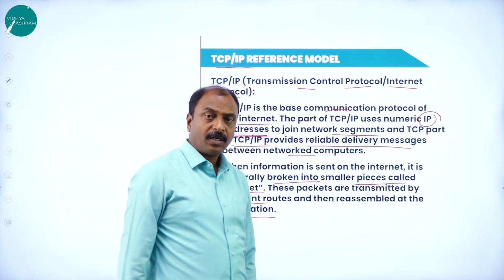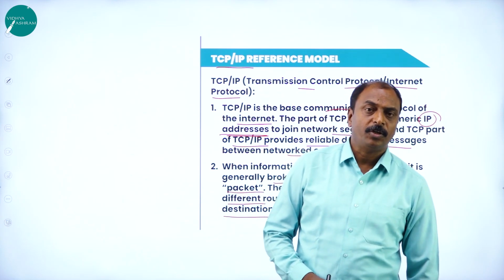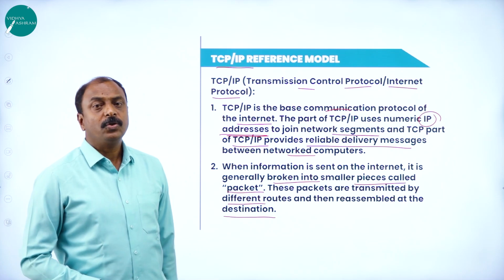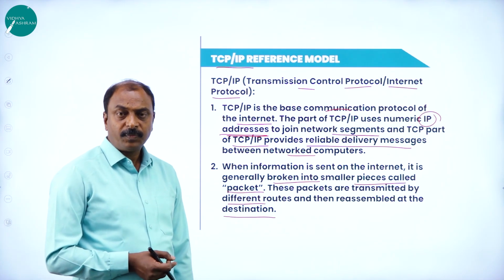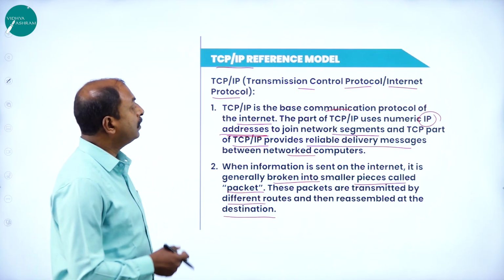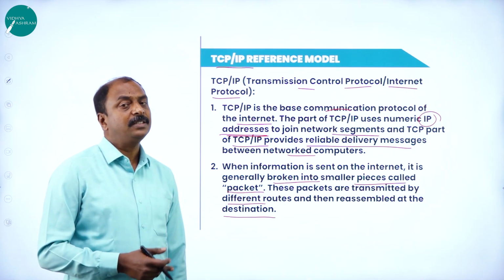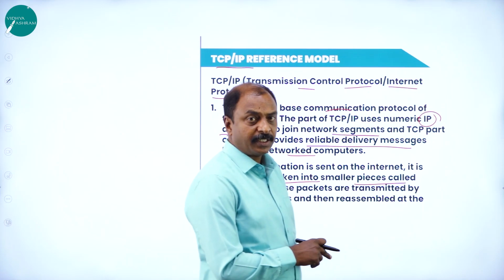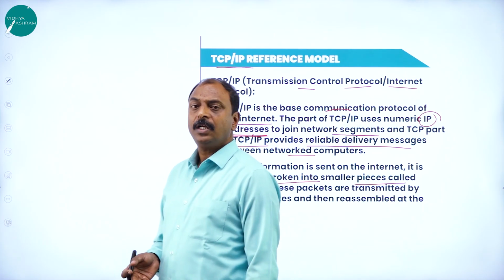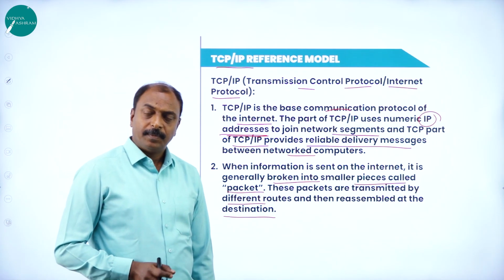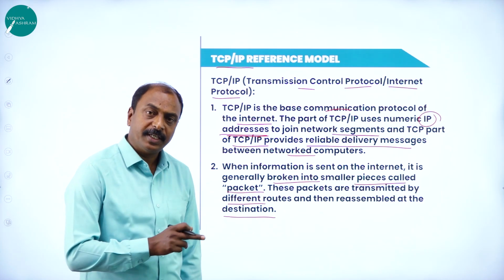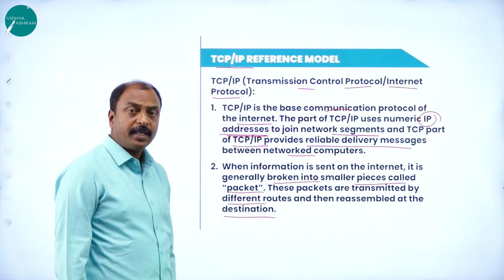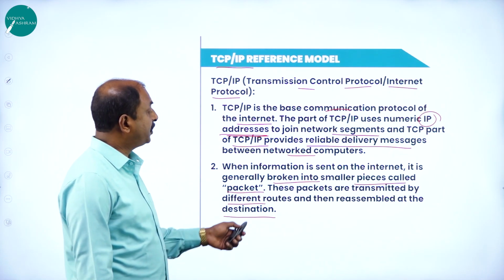Generally there will be a large number of packets, so the data may not be transmitted in serial. Different packets reach the destination at different times or through different paths. But at the destination end, all the packets are reassembled to make proper data.